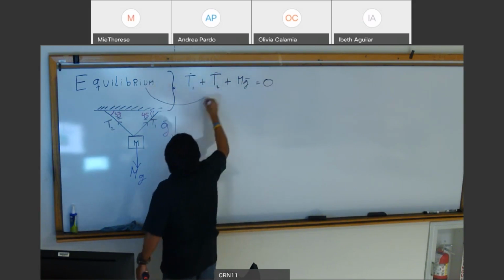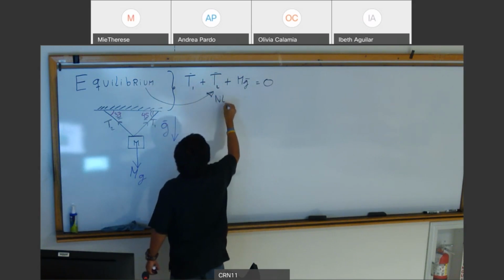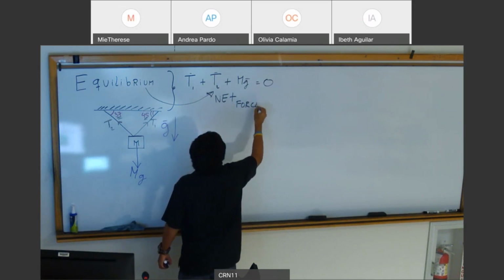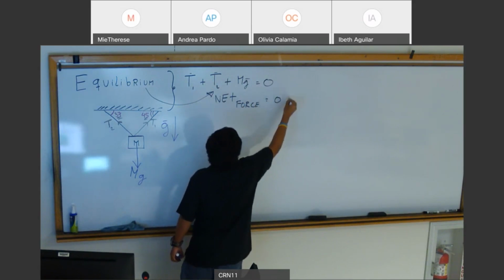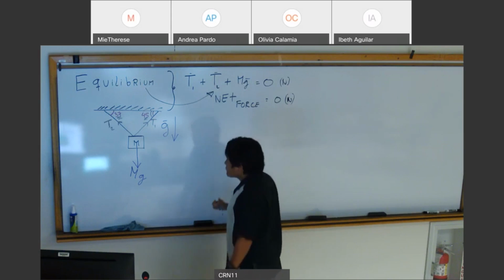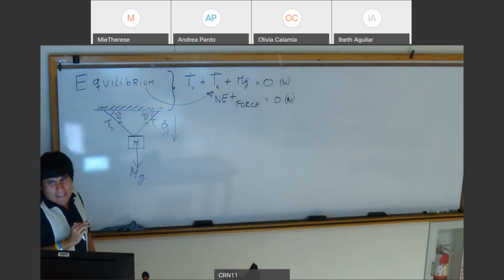That's because they are in equilibrium. When they're in equilibrium, the net force is equal to 0 newtons. So that's a good way to start.